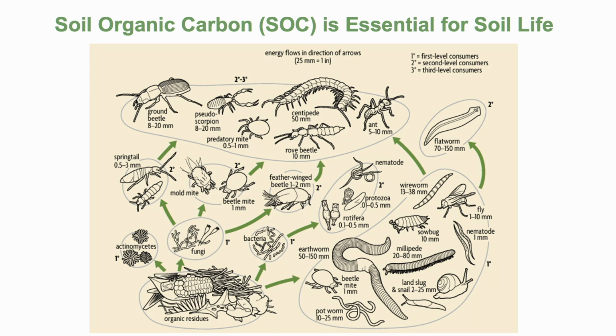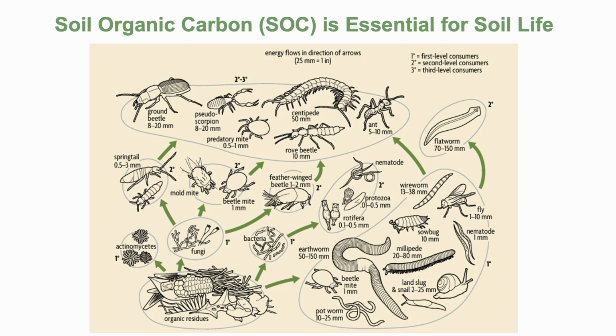So these are products of photosynthesis, so they're organic carbon rich. Those are the residues, whether below ground or above ground, and they're acted on by soil organisms. The arrows represent things that are using the previous thing for an energy source, using the carbon, the carbohydrates in there.